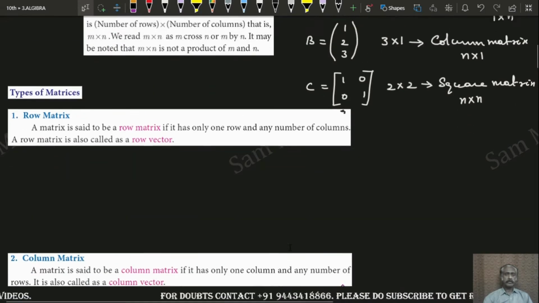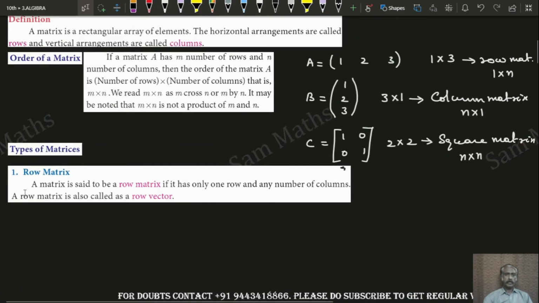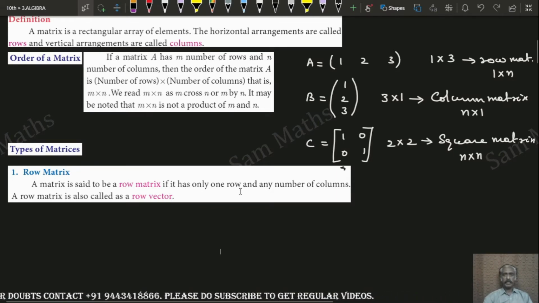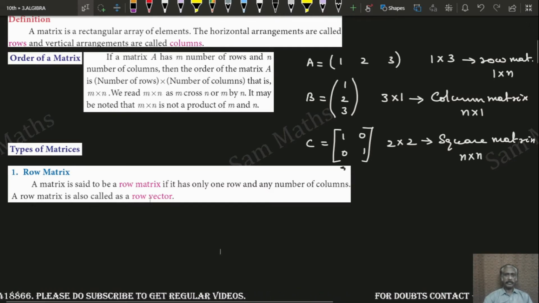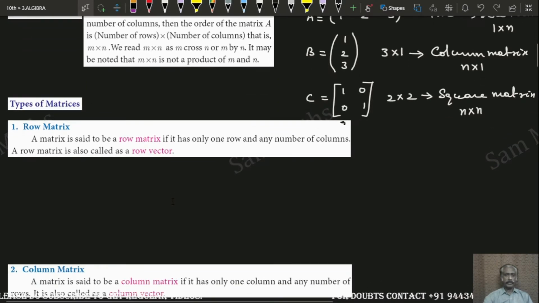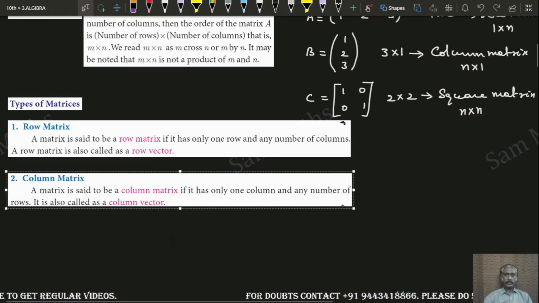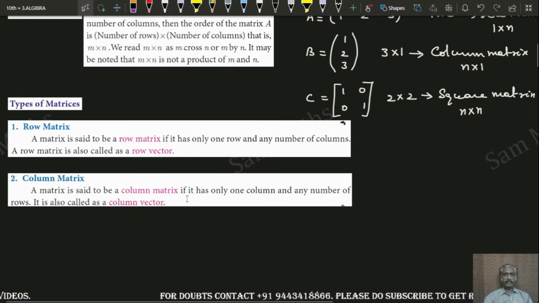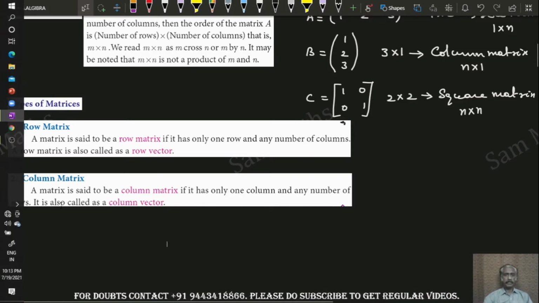Now we can see the definition of row matrix. A matrix is said to be a row matrix if it has only one row and any number of columns. A row matrix is also called a row vector. Next is column matrix. A matrix is said to be a column matrix if it has only one column and any number of rows.